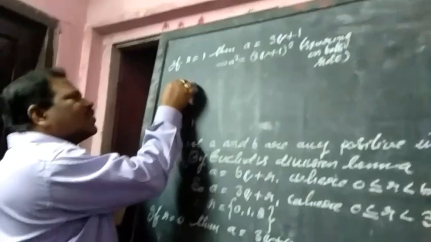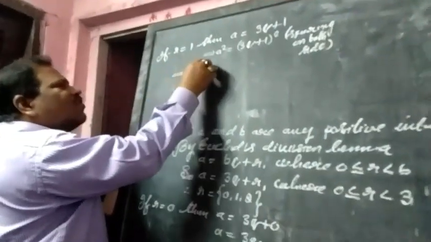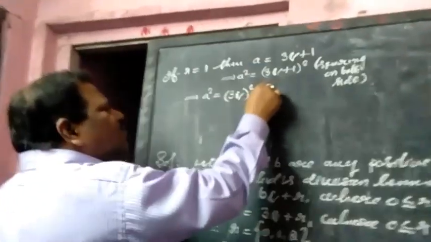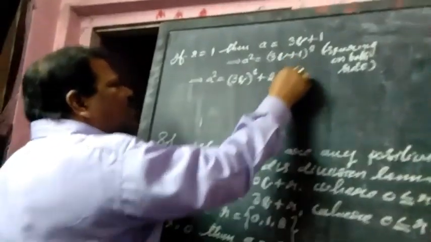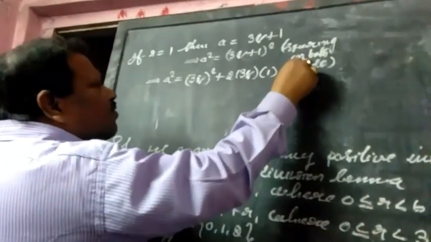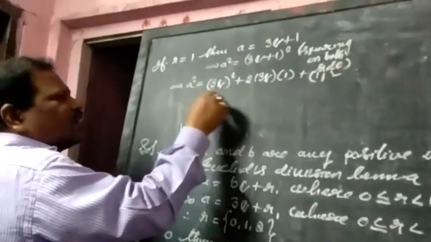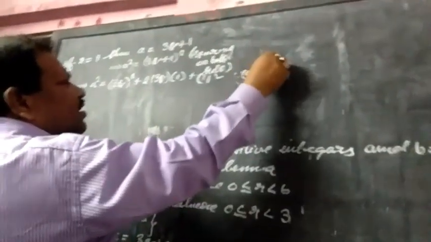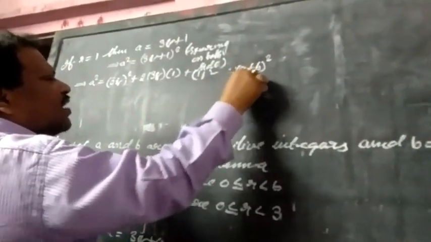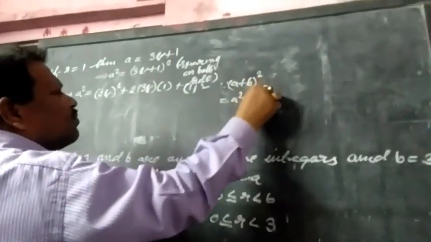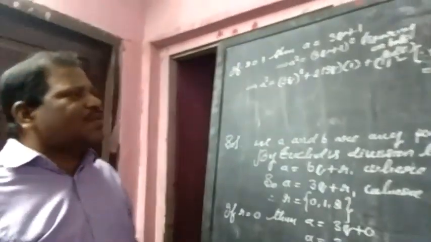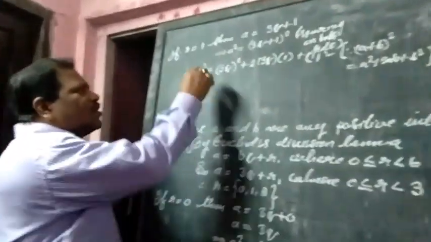So A square is equal to (3Q) whole square plus 2 into 3Q into 1 plus 1 whole square. Using this formula, what are the values?